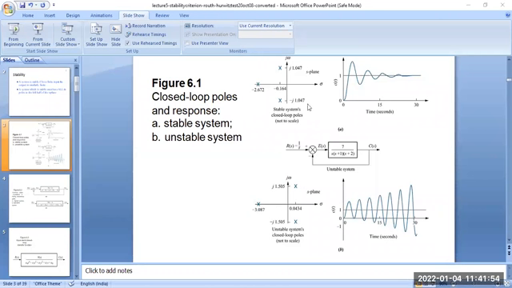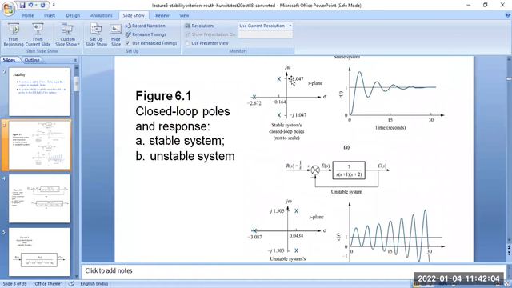Here you can see the closed loop pole system. We represent two systems, one stable system and another unstable system. Here you can see the x-axis and y-axis. This center point is 0, 0. This is the left half plane, LHP, and this is the right half plane, RHP. We also consider the y-axis as the imaginary axis.